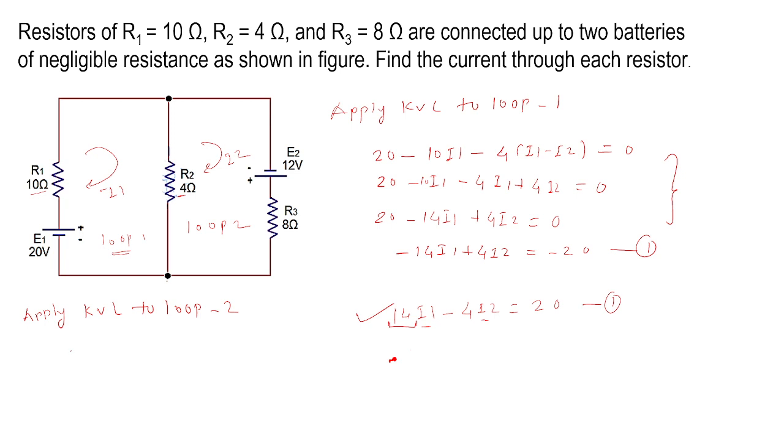So I will write here simply 8 plus 4, that is 12. 12 I2 again minus, we need to check which resistor is associated with another loop. Okay, so 4 ohm is associated with loop 1, so it will be minus 4 I1 is equal to, yes, minus 12 volt.